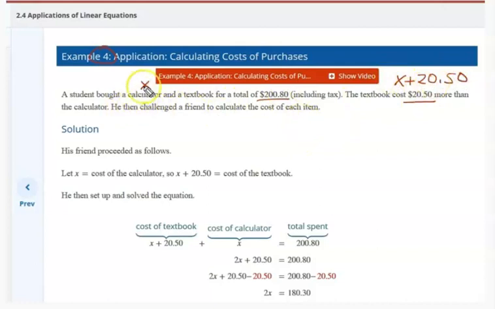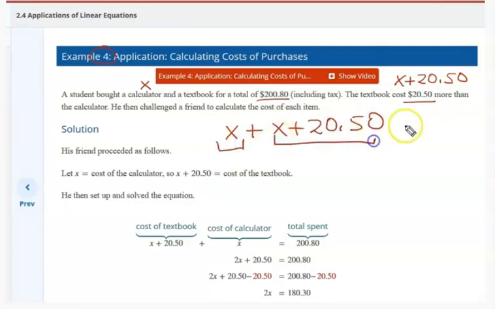So our equation would be the sum of this and that is equal to the total. So x plus x plus 20.50. Again, this is the calculator. This is the textbook. And the total was 200.80. Now, we're going to group like terms. We're going to get 2x.